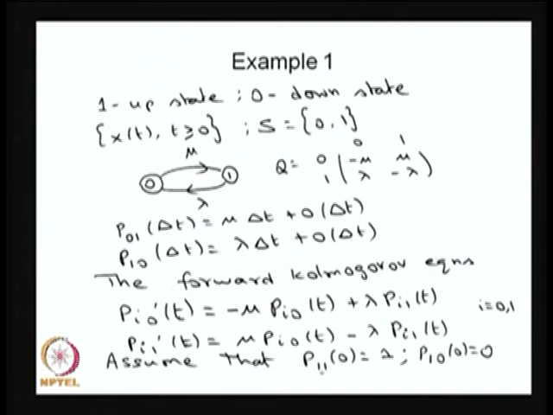Therefore, the transition probability P11 of 0 is equal to 1, and being in state 0 is going to be 0. I need both these initial conditions to solve the equation.